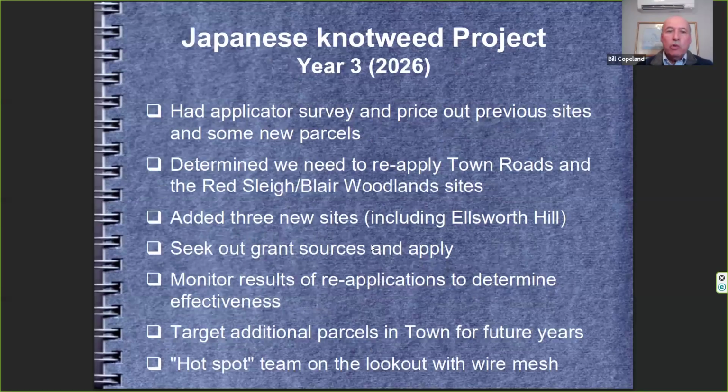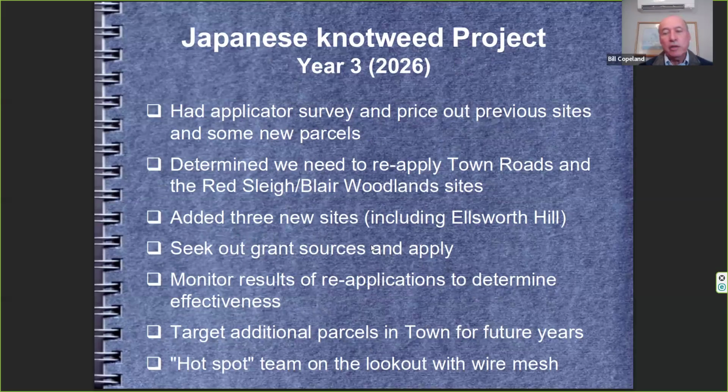So near three, I should say, we developed as a commission and a subcommittee about half a dozen parcels that we were interested in approaching this year. I called the applicator and had him come and survey those parcels and price out for that.